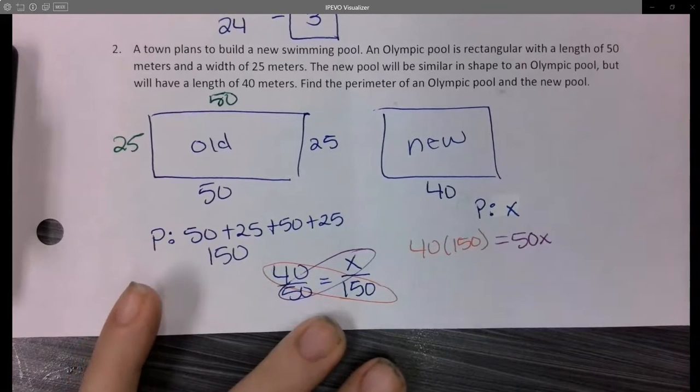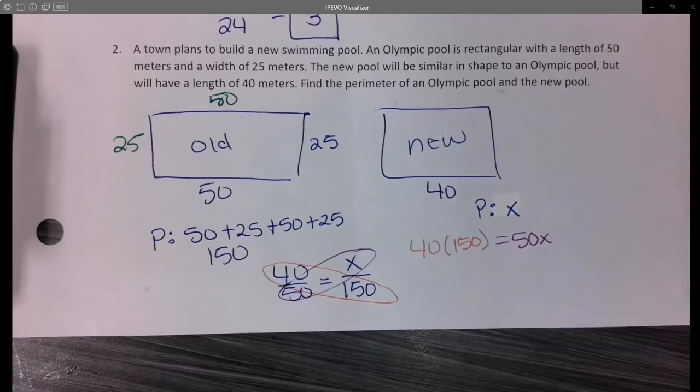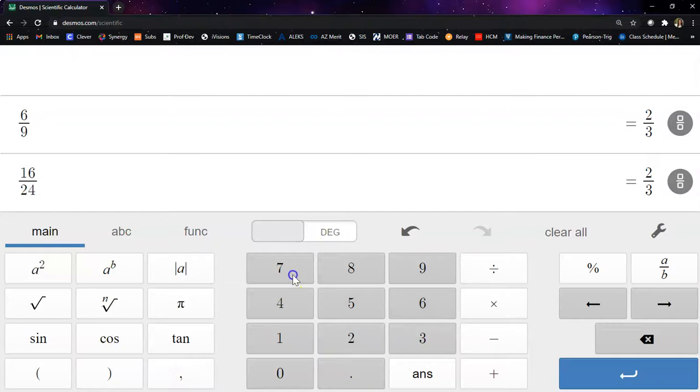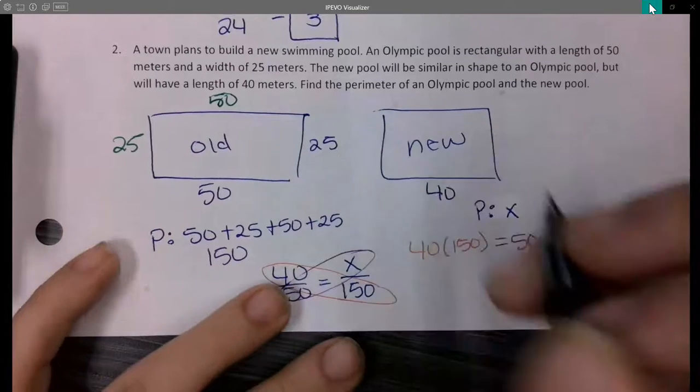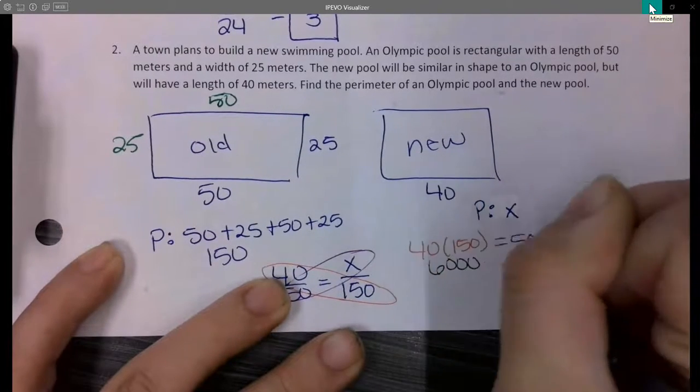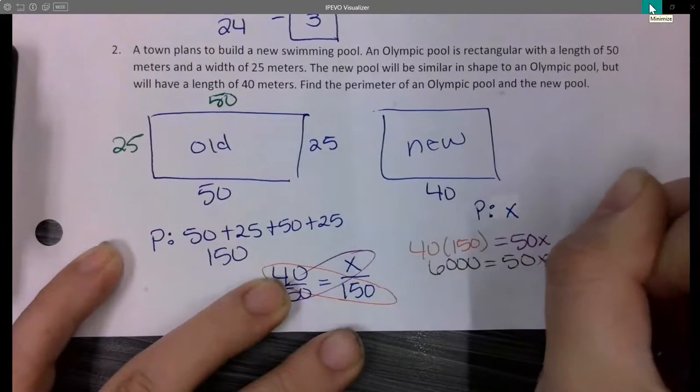Then I want to multiply. So I don't know what 40 times 150 is, so I'm going to go to Desmos to figure that out. Which gives me 6,000. And I still have the 50x.